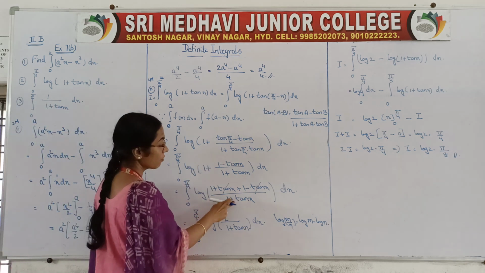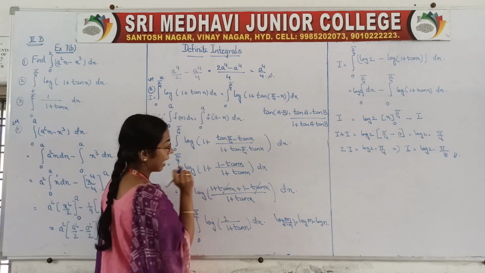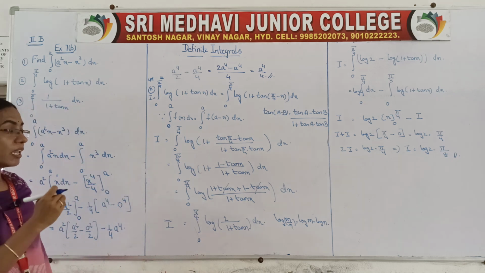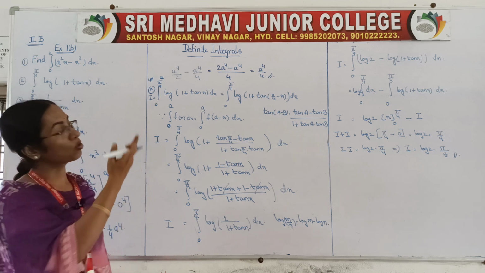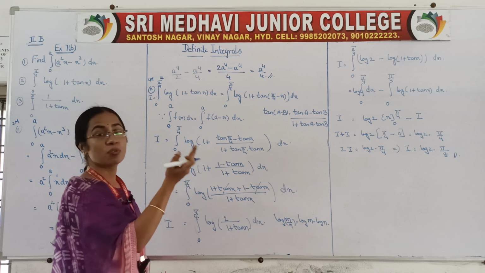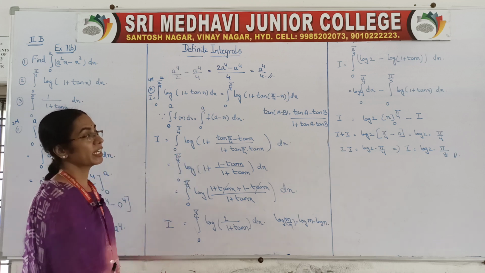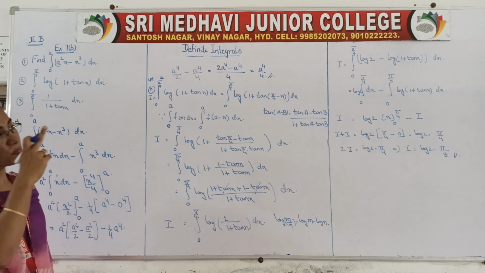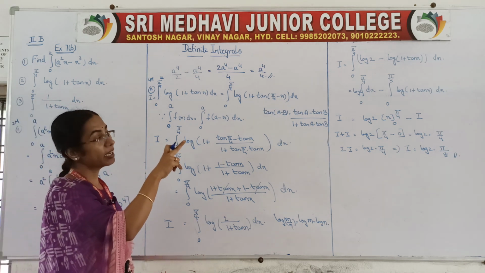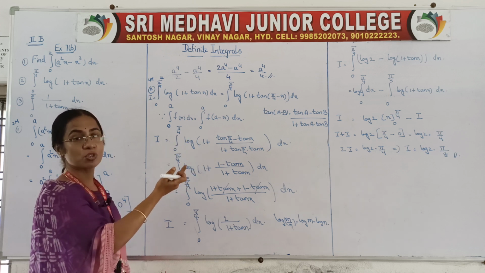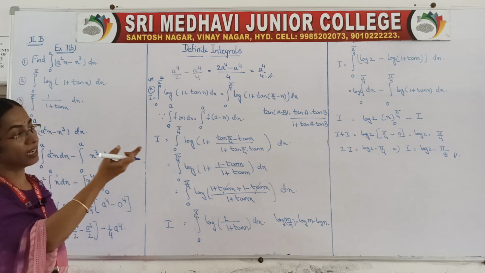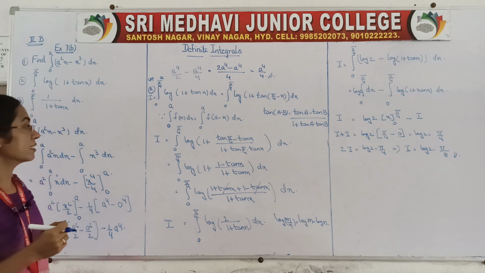After that we have taken the LCM and cancelled. Now it is of log m by n form. Log of m by n is log m minus log n, so we have taken that. Minus is there in the integral, so we take separate integrals. If you observe, that is our I, so in place of that we substituted I. It is minus I, so write I terms together, bring this side, it will be 2I. At the end we want I, that's why we send that to the other side.